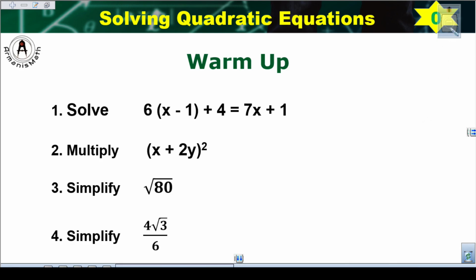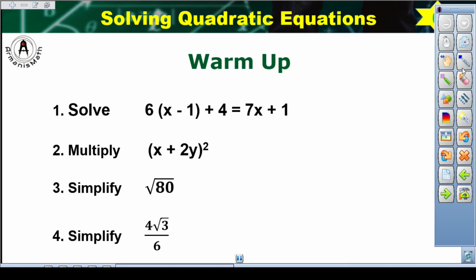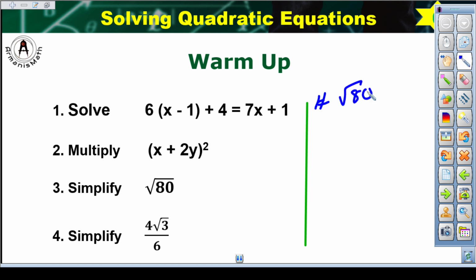Number 3 would be the square root of 80. And you will need to find a perfect square, the largest perfect square under the 80.